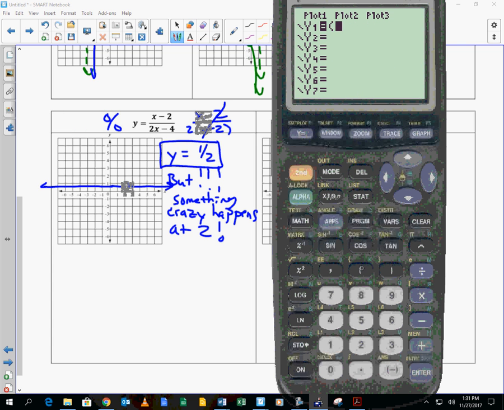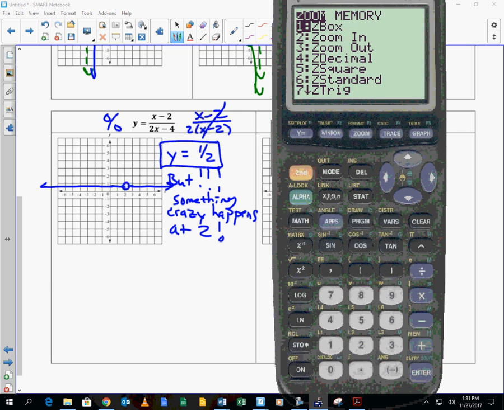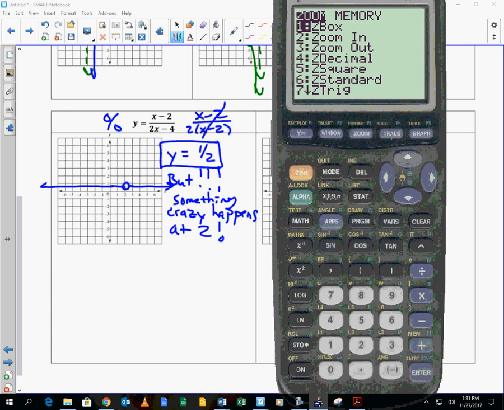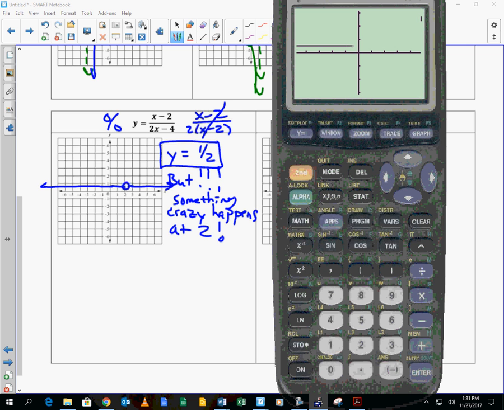If I do parentheses x minus 2 divided by parentheses 2x minus 4, and I zoom as a decimal, see, if I zoom standard, it's just going to show y equals 1/2, because it can't go right over to 2. But if I zoom as a decimal, then it's going to show exactly at 2. There it is.